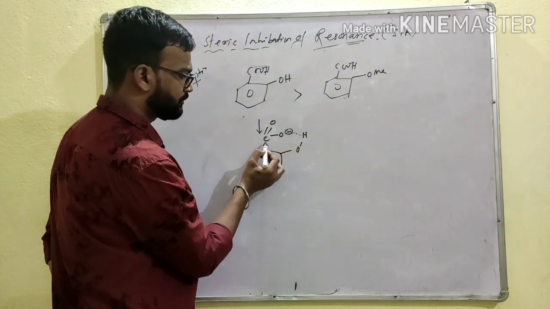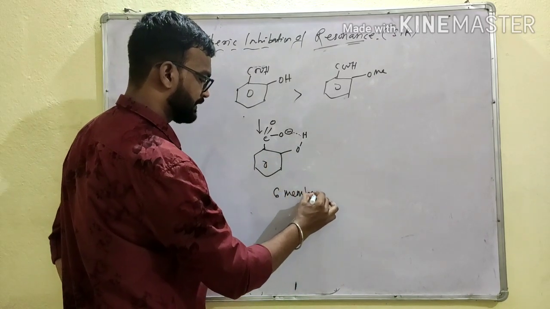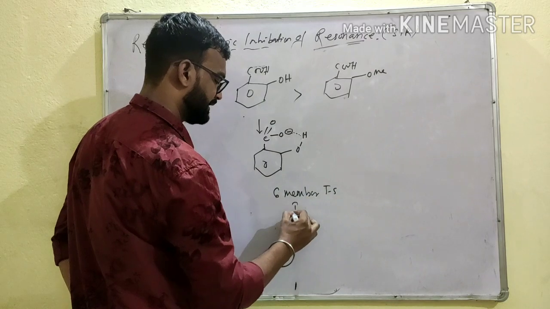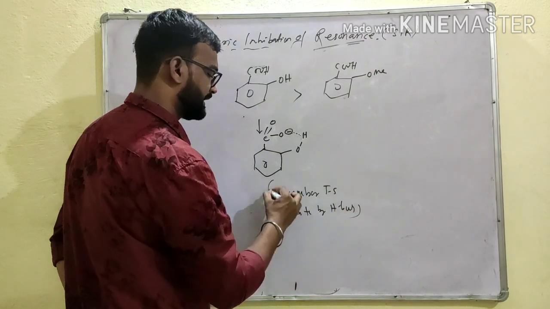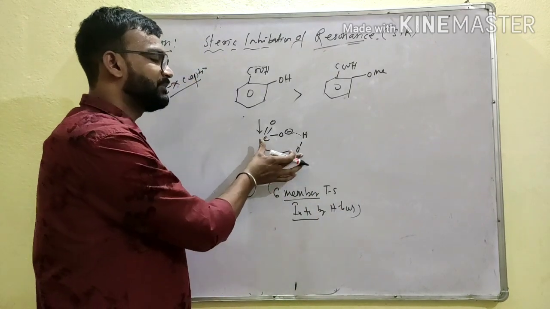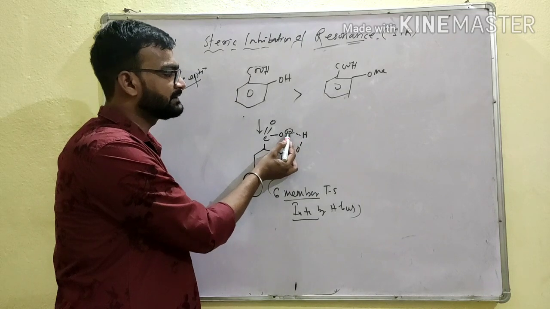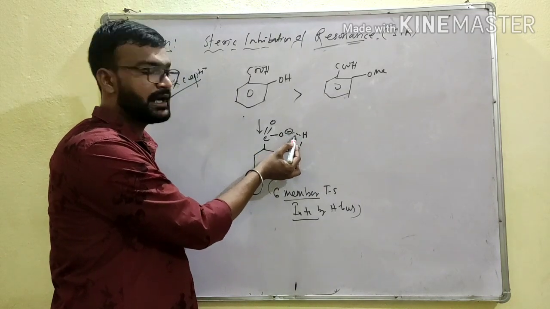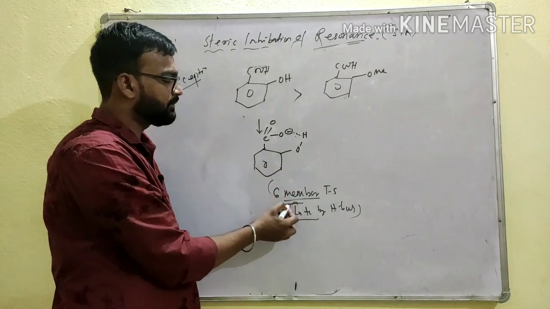So you have 1, 2, 3, 4, 5, 6, a six membered ring intermediate formed by hydrogen bonding. Due to this hydrogen bonding the conjugate base is stabilized. Now the negative charge takes part in the hydrogen bonding, so there is no further negative charge, so it will be stabilized.